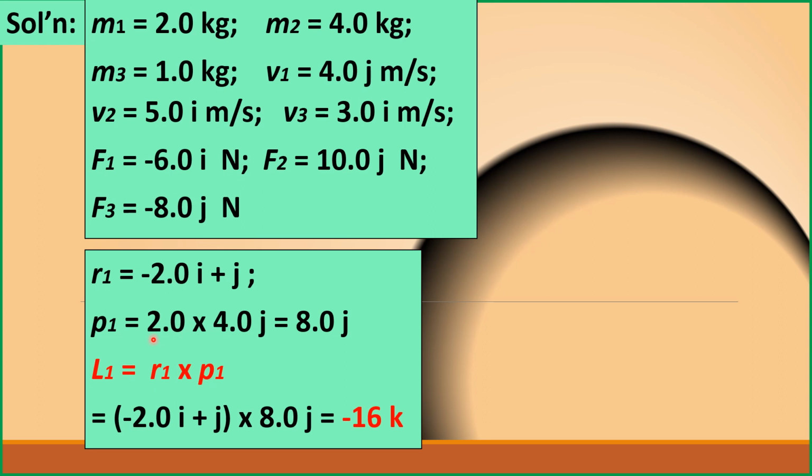So what we have here is p1 equals 2.0 multiplied by 4.0j. All right, so we are doing a vector multiplication, and the product for particle 1 will just be equal to 8.0j.